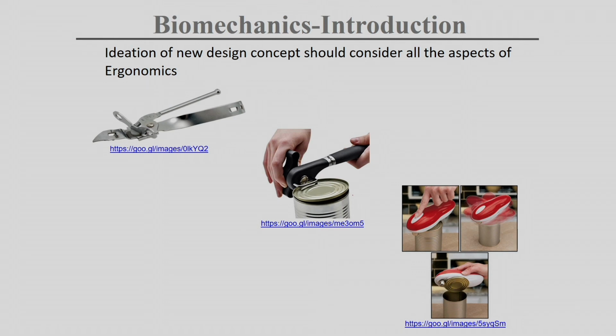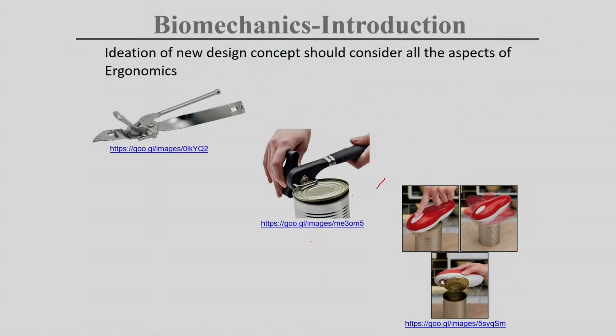This is a very common product that we usually see in our day to day activities, and it is very useful for making our food. This product can be used by a person whose age is maybe 12-13 years, or an adult, and also by an elderly person.